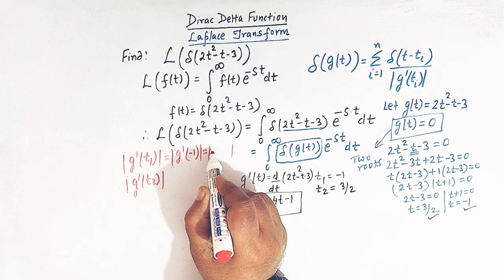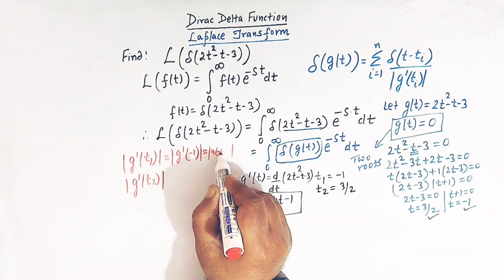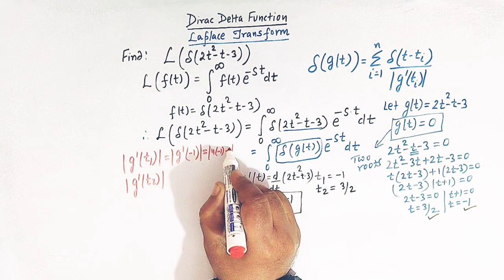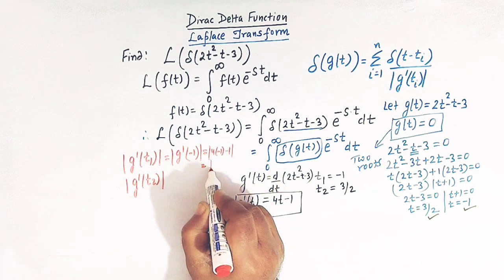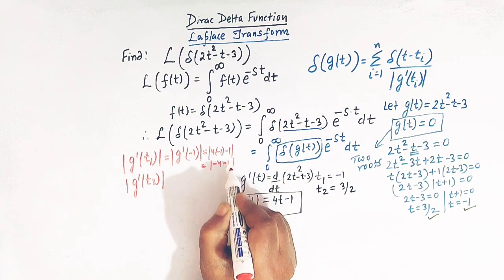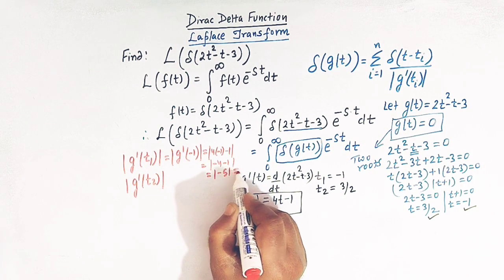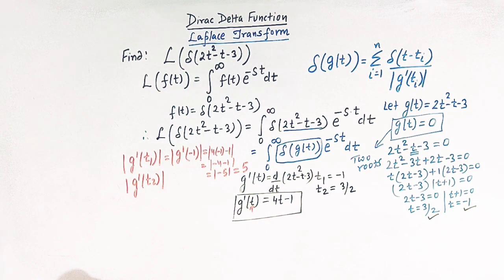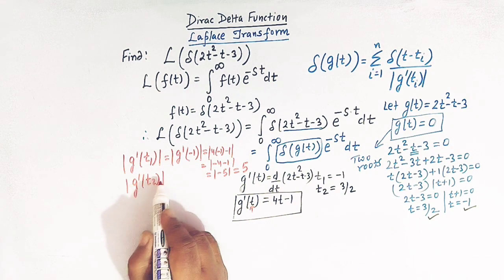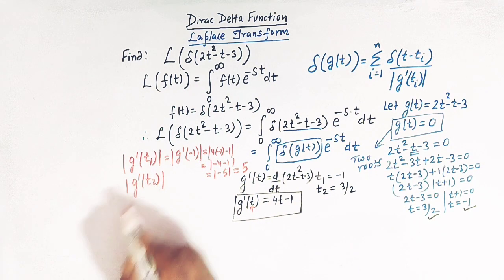So we have 4 times minus 1 minus 1, that is mod of minus 4 minus 1, which is mod of minus 5, that is equal to 5, right?